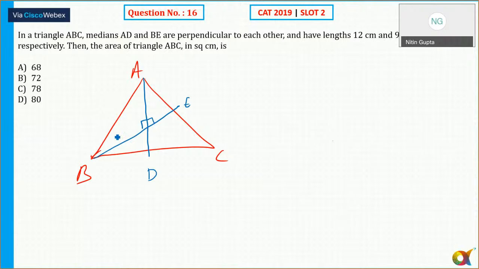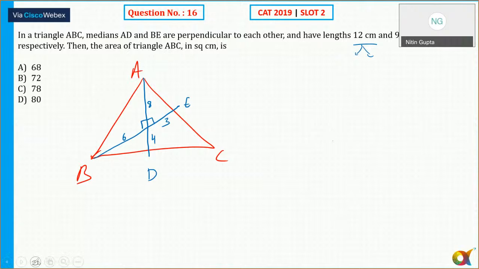So median always divided in the ratio 2:1, the centroid always divides the median in 2:1. So 12 को 2:1 के ratio में divide करना है. So ये क्या आ जाएगा, 8 and 4. So this length is equal to 8 unit, this length is equal to 4. Similarly, divide 9 in the ratio 2:1. So that will be 6 and 3.